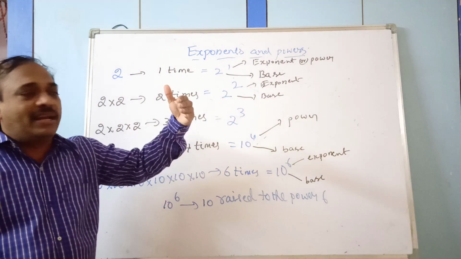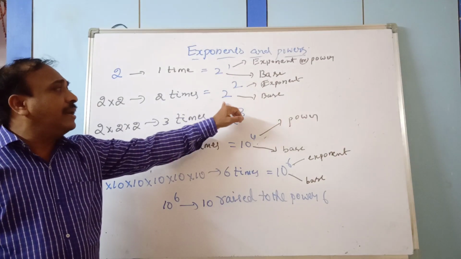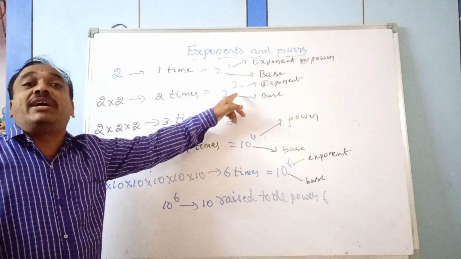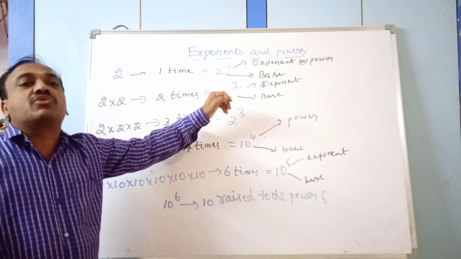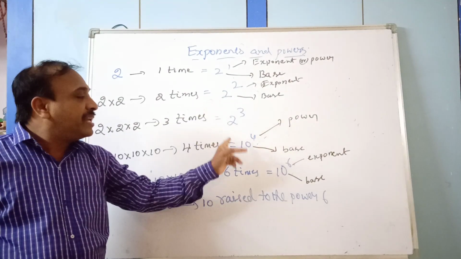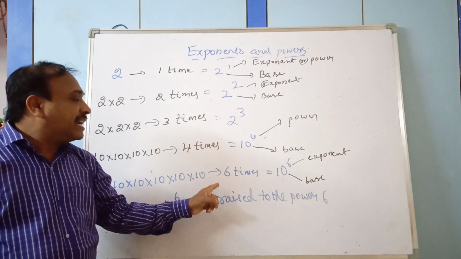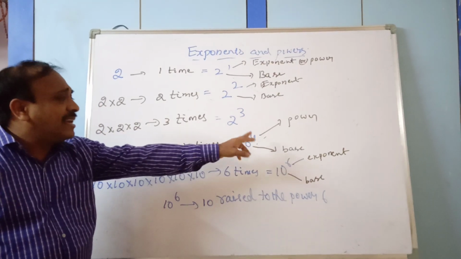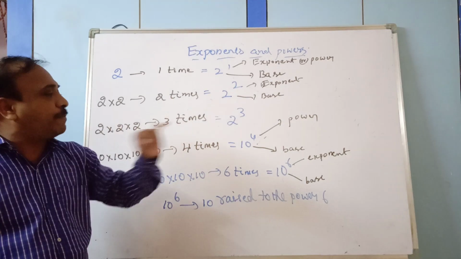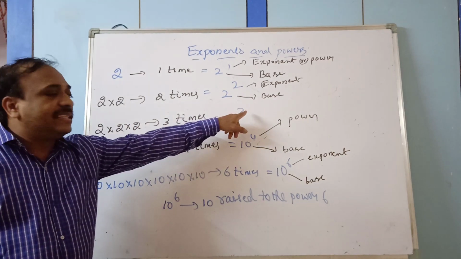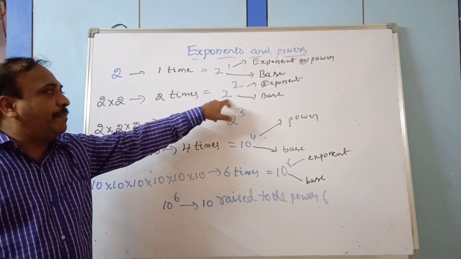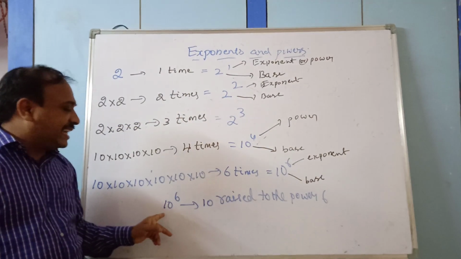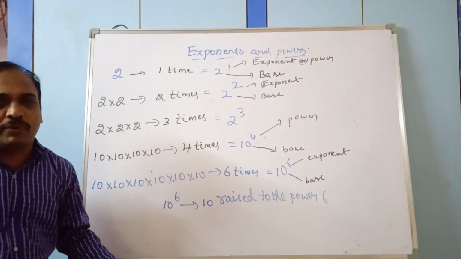If it is repeated twice, we learned 2 square, and this is 2 cube. Then 10 to the power 4, 10 to the power 6. In this, 10 is the base and 4 is the power or exponent. Here 2 is the base, 3 is the exponent. Here 2 is the base, 2 is the exponent. Here 10 is the base and 6 is the exponent.